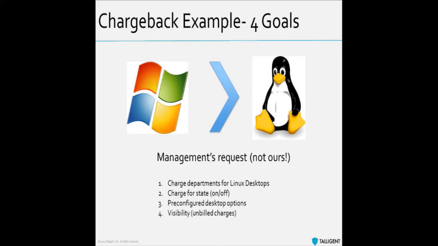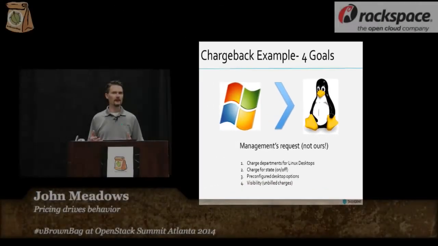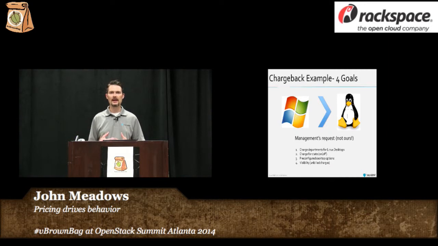And as you get into chargeback models, one of the things you could consider is not to just charge on a monthly basis, but get more granular and not penalize people. Allow them to turn off a machine and not encourage them to just turn it on and leave it on, but have pricing mechanisms that encourage the right behavior around state.